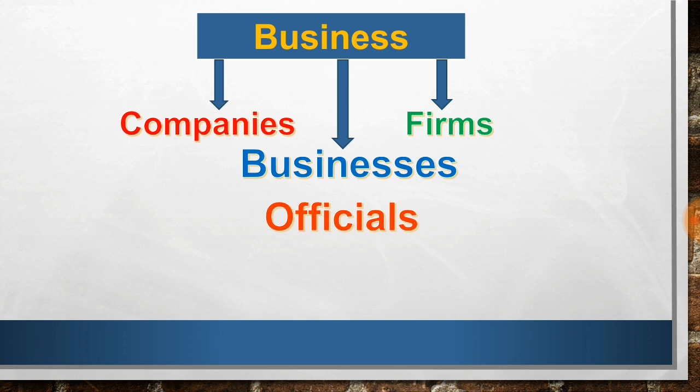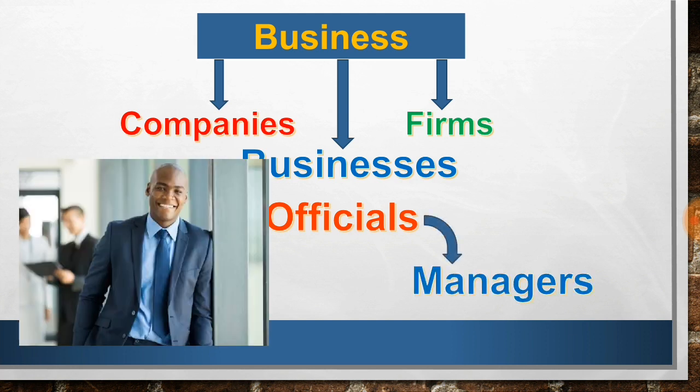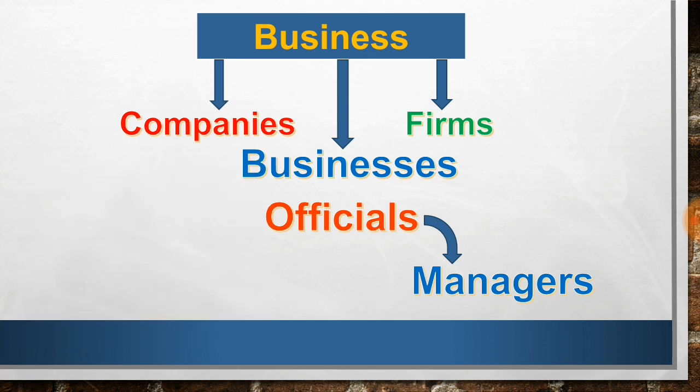Now, inside companies, firms, and businesses, we find officials. Officials are the people responsible for the companies, who run the business of selling and buying products and services. We also find managers. Managers are officials whose responsibility is to manage the company.